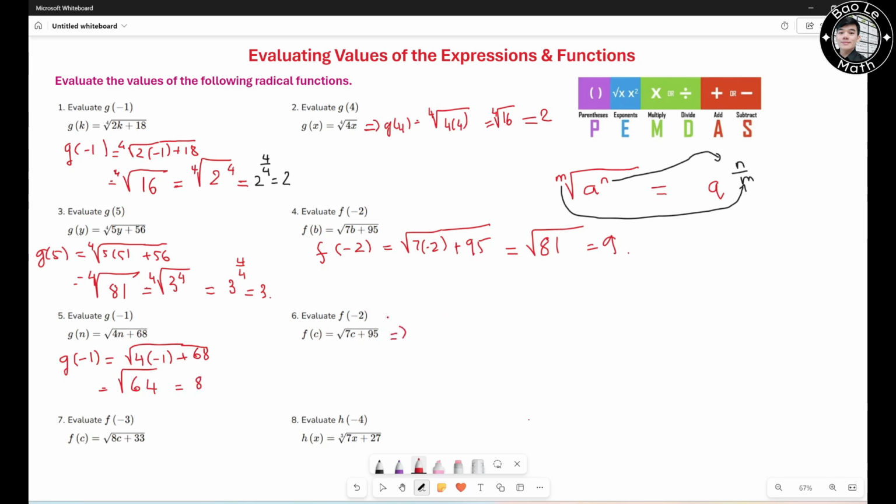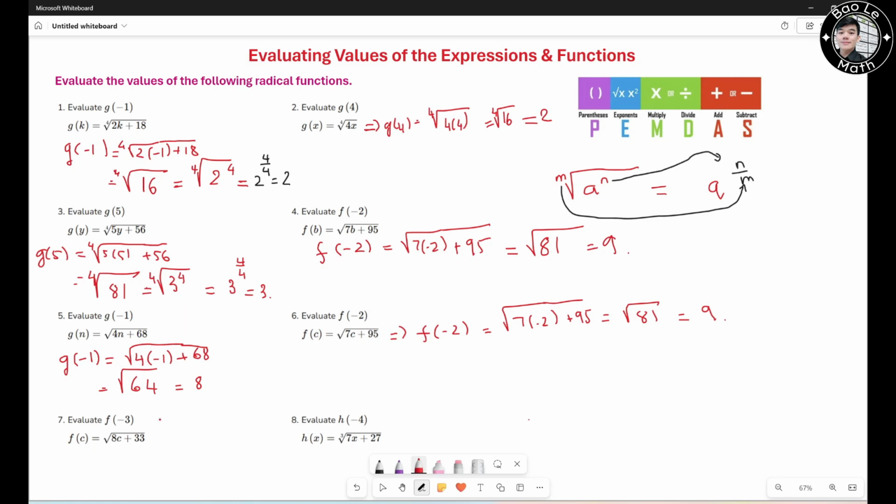Now f of negative 2 is square root of 7 times negative 2 plus 95, right? So 7 times negative 2 is going to be negative 14 plus 95 is going to be 81. So square root of 81 is going to be 9.